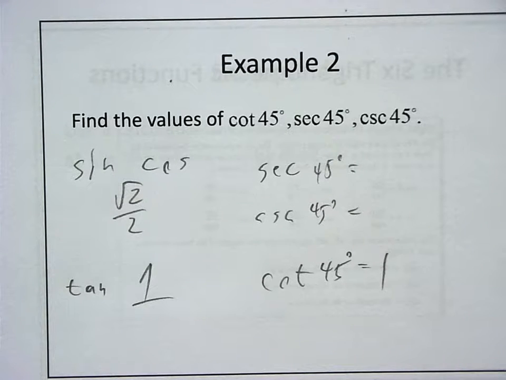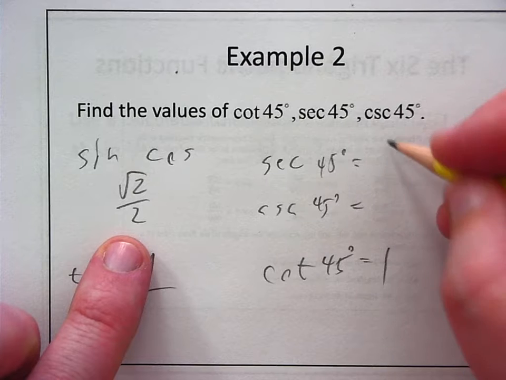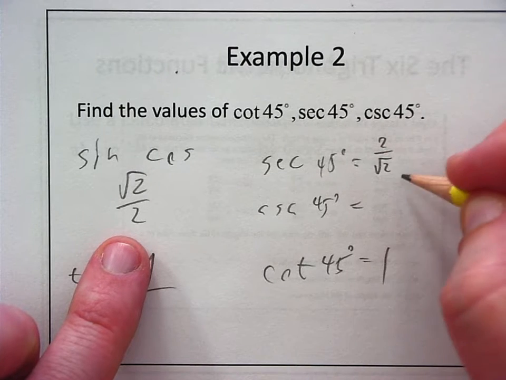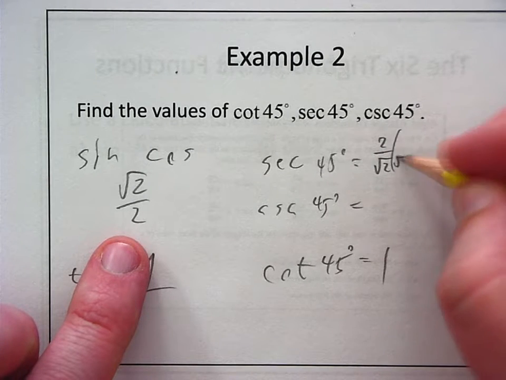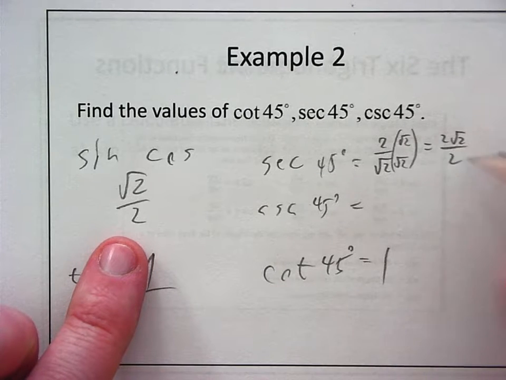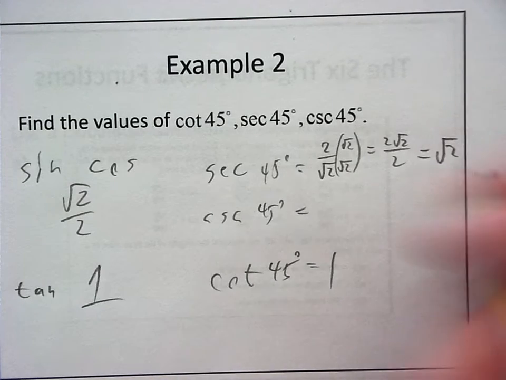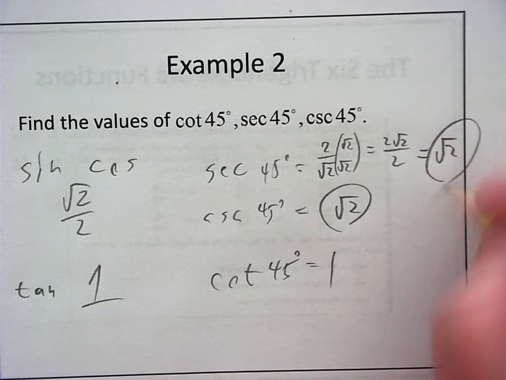You flip it over, 2 over the square root of 2, rationalize it, so times the square root of 2 top and bottom, gives you 2 root 2 over 2, but that simplifies to just square root of 2. So both of those are just square root of 2.